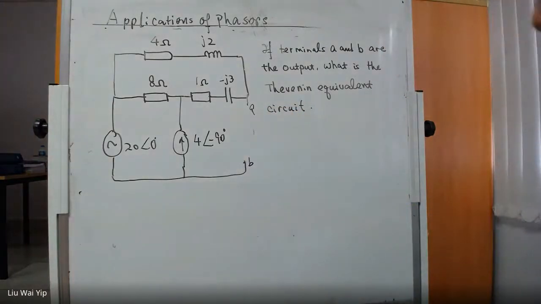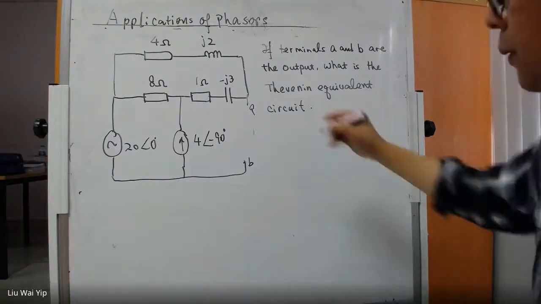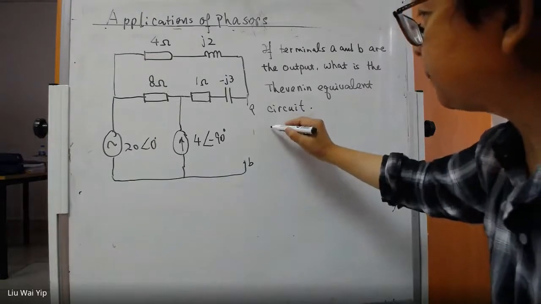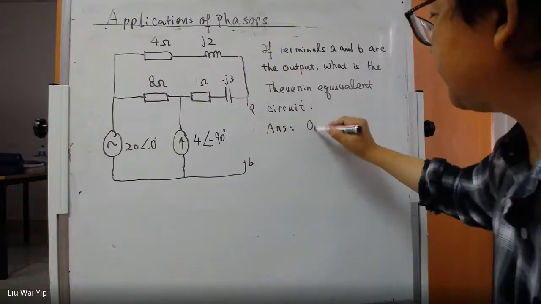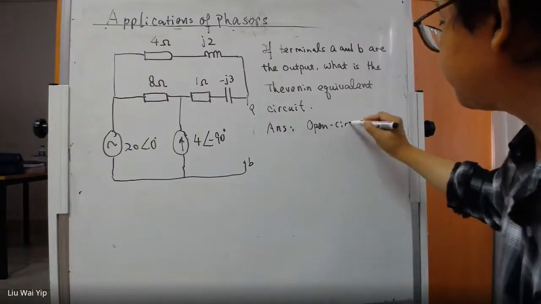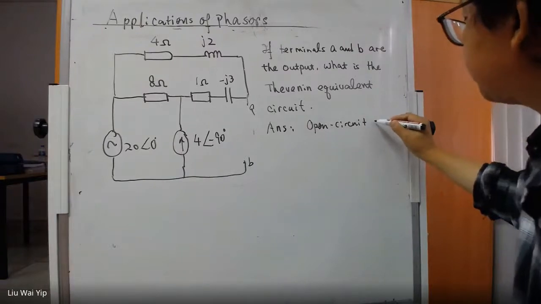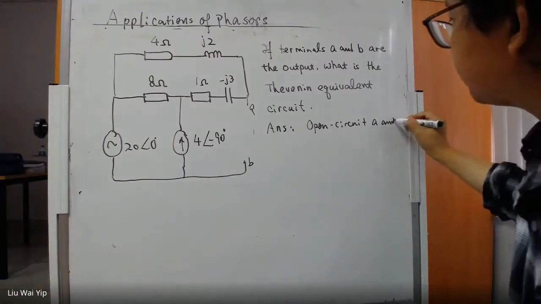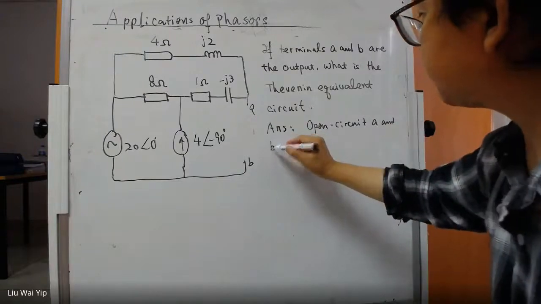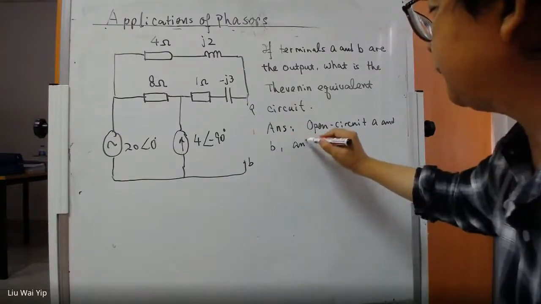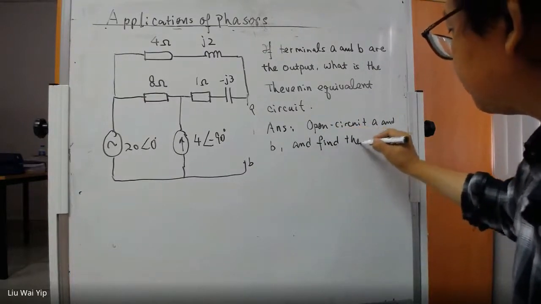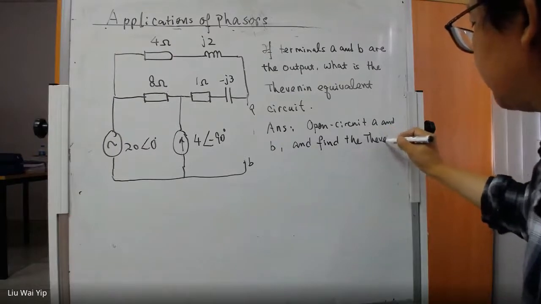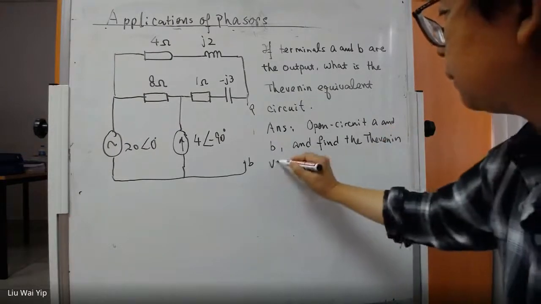Step one is open circuit A and B, and find the Thevenin voltage.